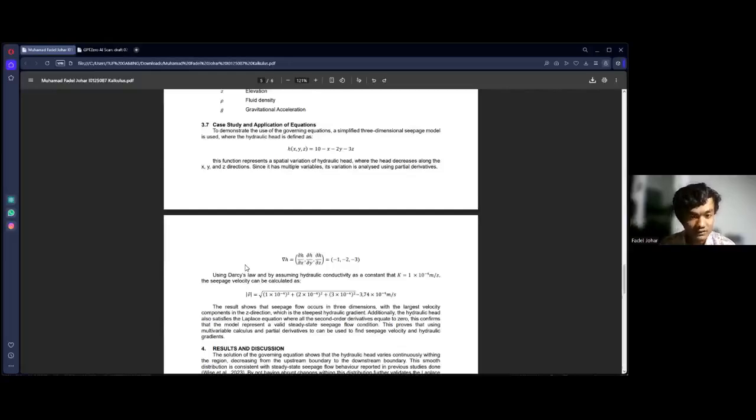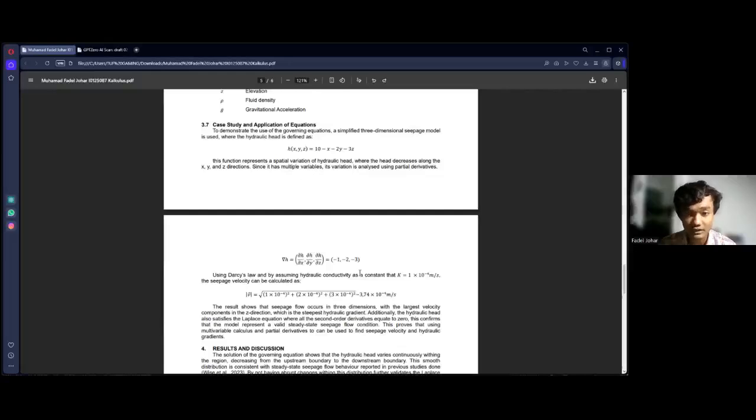The result shows that seepage flow occurs in 3 dimensions, with the largest velocity component in the z direction, which is shown over here: minus 1 being x, minus 2 being y, and minus 3 being z, in which z is also the steepest hydraulic gradient.